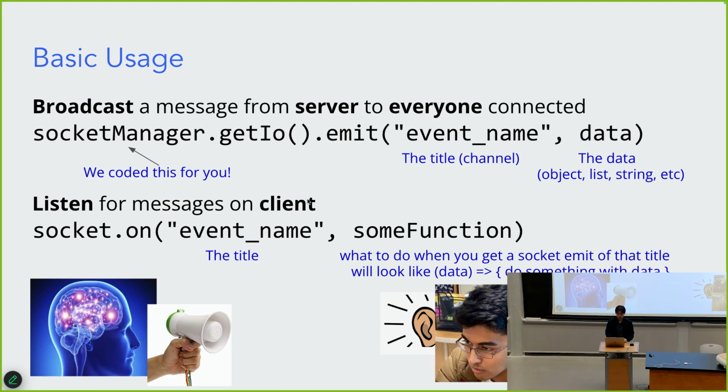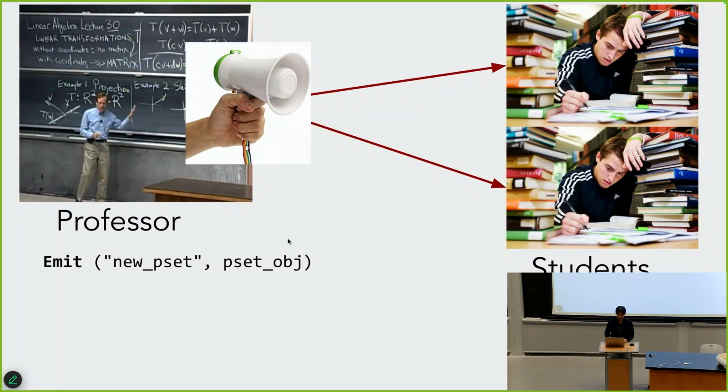So if these two events are the same, then what it would probably look like is, for example, if we have the same event called new pset happening, and we think of the professor as the server, then the professor can emit an event called new pset, and then pass in data, which is the pset object, in this emit.